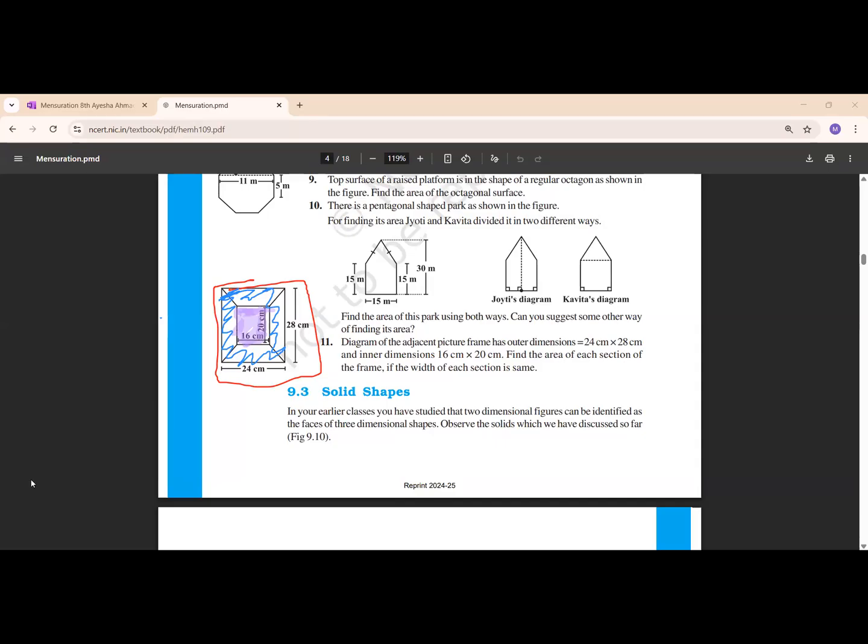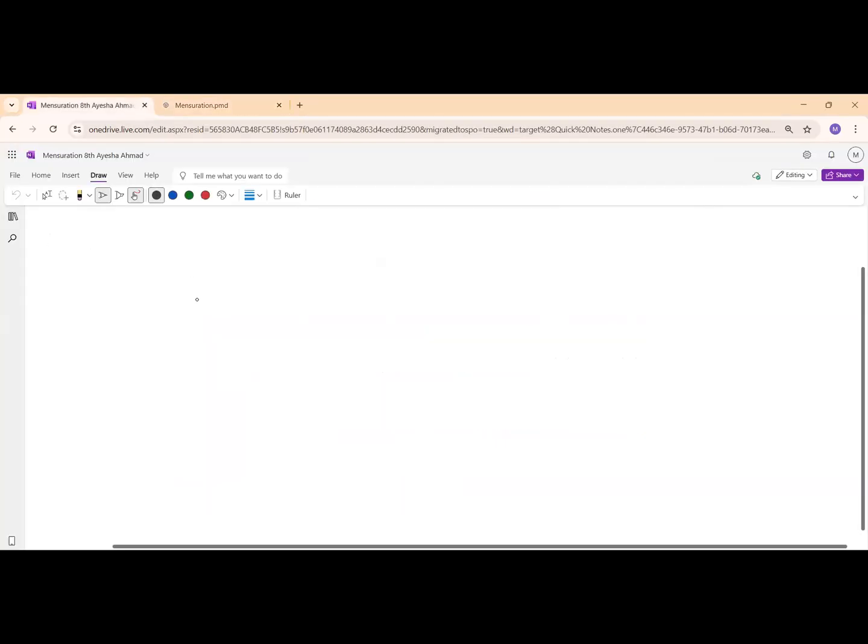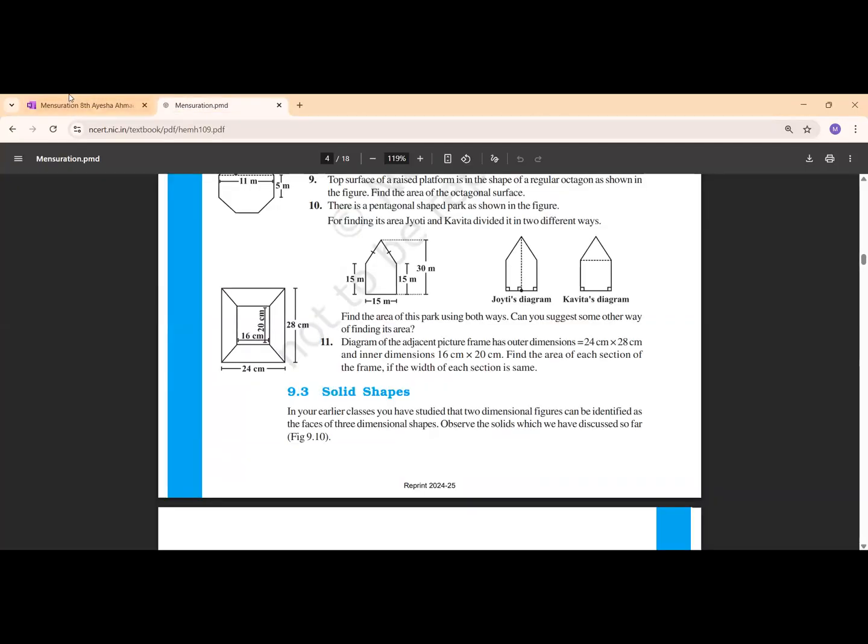I'll explain this question to you. You have this figure, right? Yes. And inside we have another rectangle. What are the dimensions of 24 and 28?